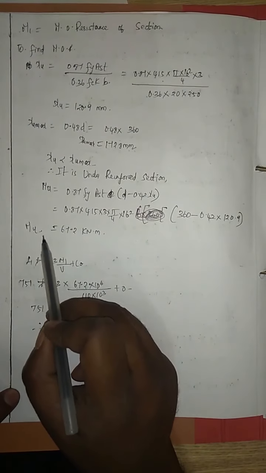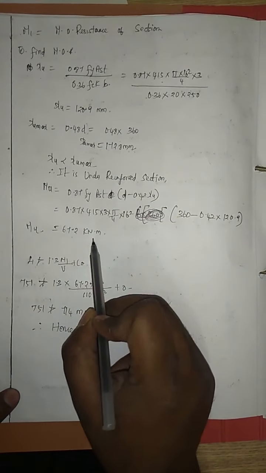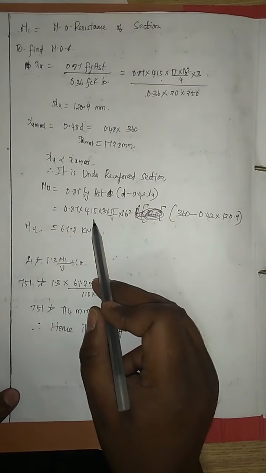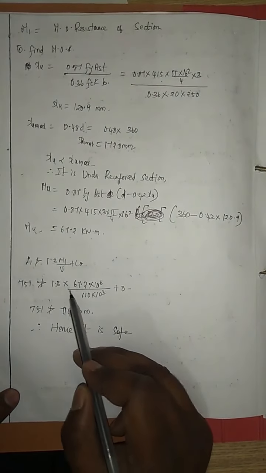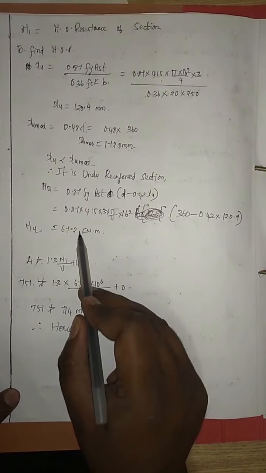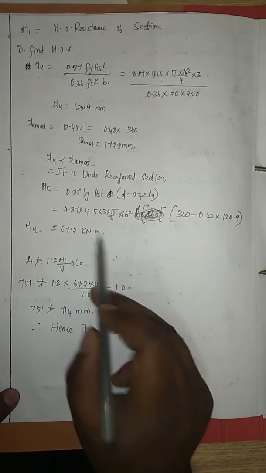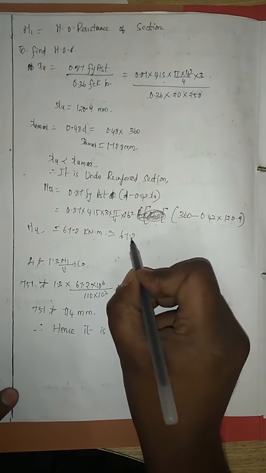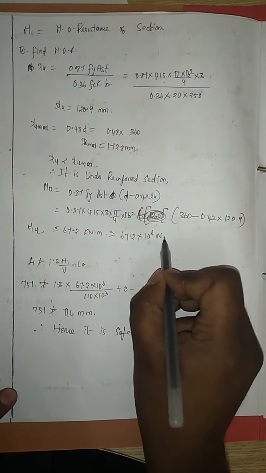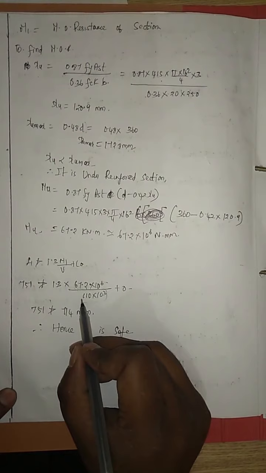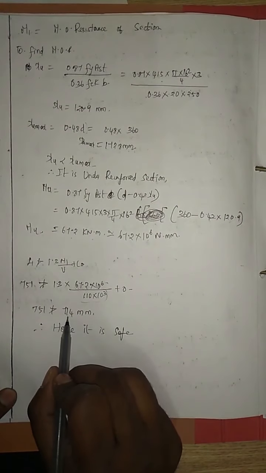So Mu is equal to 67.2 kilonewton meter. If you derive this, you will get this answer. After substituting in this equation, 1.3 into 67.2, it is in kilonewton meter, so you should convert into Newton millimeter. That is 67.2 into 10 to the power of 6 Newton millimeter. So substitute here the shear force, and you will get 714.